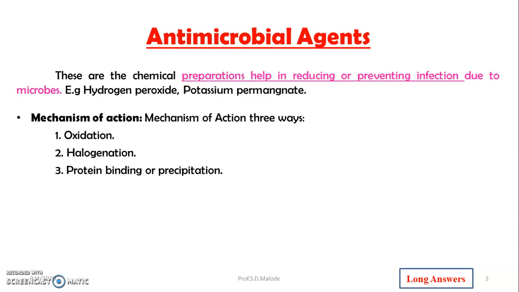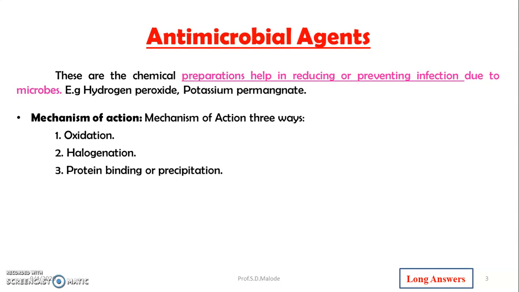There are n number of microbes like bacteria, fungi, viruses, etc. Germs. Depending upon this, there may be n number of terms like antibacterial agents, which work against bacteria or kill the bacteria, or germicidal, which kills the germs, while bacteriostatics are the agents which prevent the growth of bacteria.